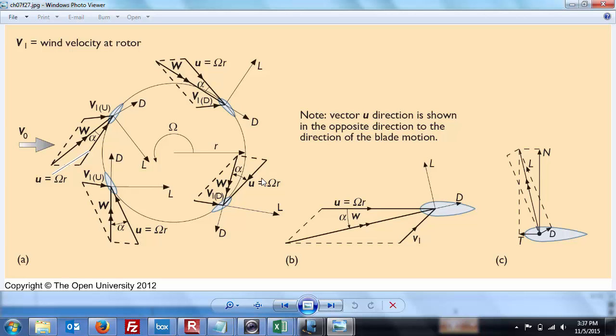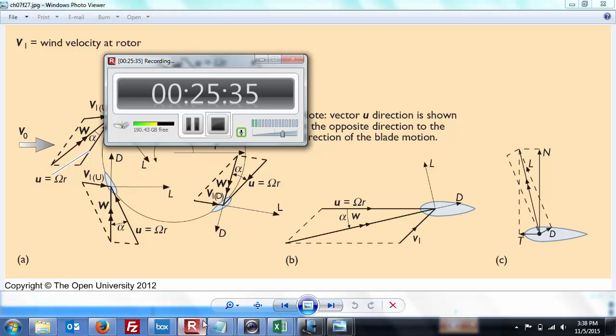Pretty cool. So hopefully all of the meanings of these arrows are not lost. It's showing that there actually is a force pushing the blade around, or in the case of the drag, pulling it backwards. Okay, so those are two really important figures. I think it's time for a break, and then we'll get into the Betz limit.